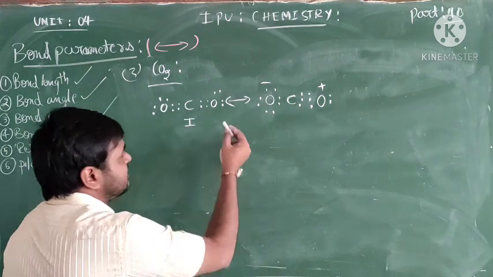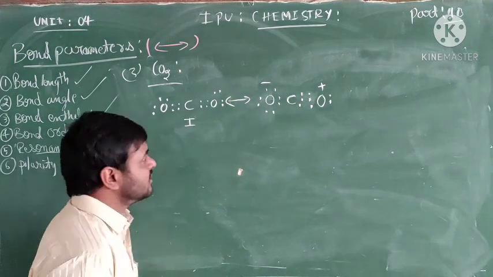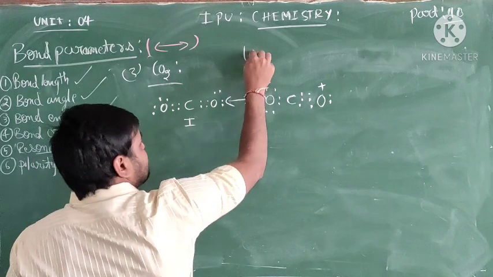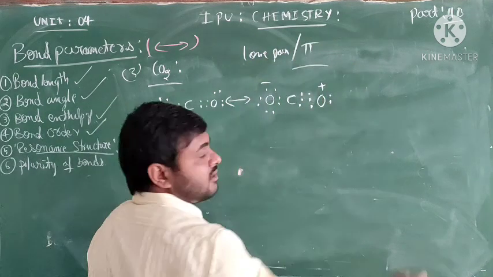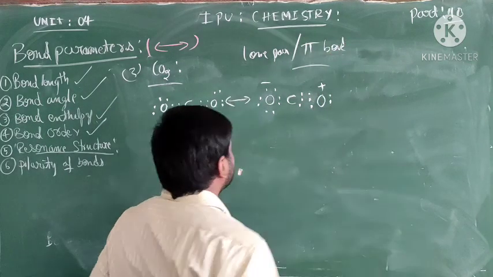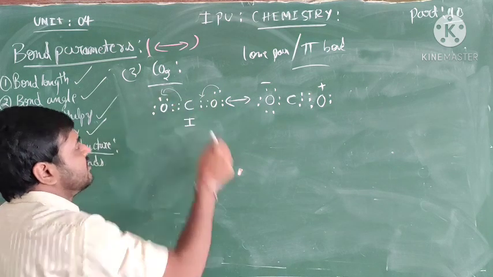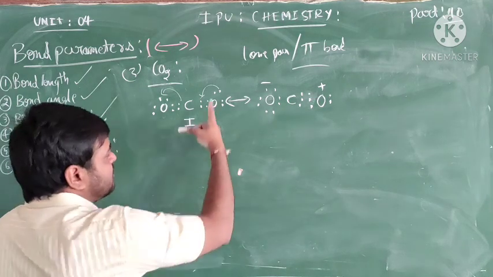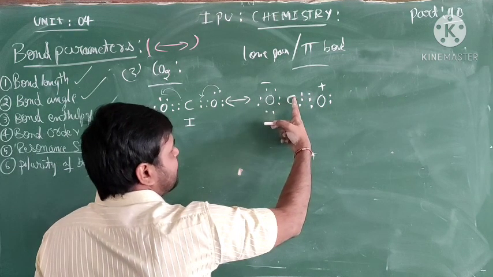Okay, just here in this structure, how they form: the lone pair of electrons and pi bond electrons. Okay, so the lone pair of electrons is transferred here, going to the next oxygen atom. So these two are coming from this carbon atom.